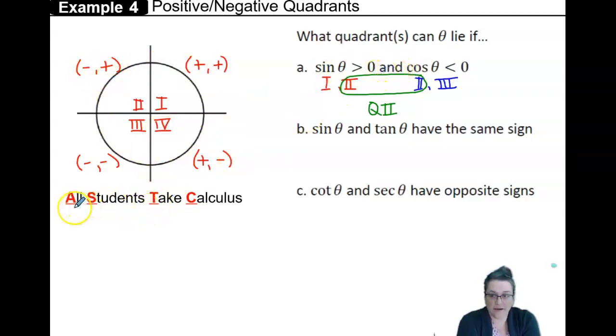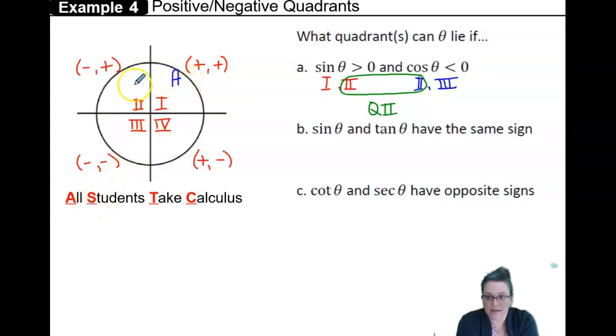So this acronym, All Students Take Calculus, can help speed up this process of identifying quadrants where trig functions are positive or negative. The A goes in quadrant 1, and that stands for all of the trig functions are positive in quadrant 1.